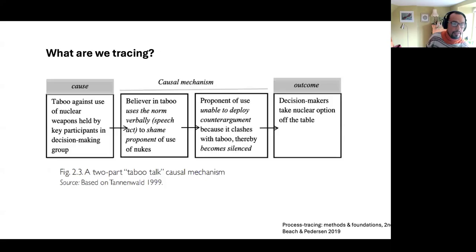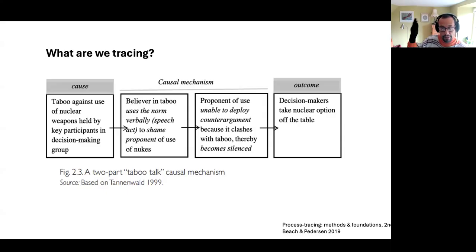Next, please. And here I give you an example. Again, this is coming from political science: the idea of the taboo, the negative view of using nuclear weapons, and how that might affect policymaking. For the causal mechanism, the person that has a very strong belief in that taboo will normally use some sort of speech during a table negotiation about using or not using nuclear weapons, and that speech might create a situation of shame for using or suggesting the use of nuclear weapons.